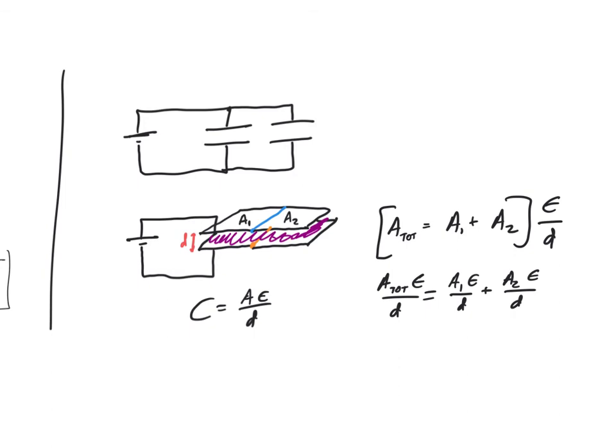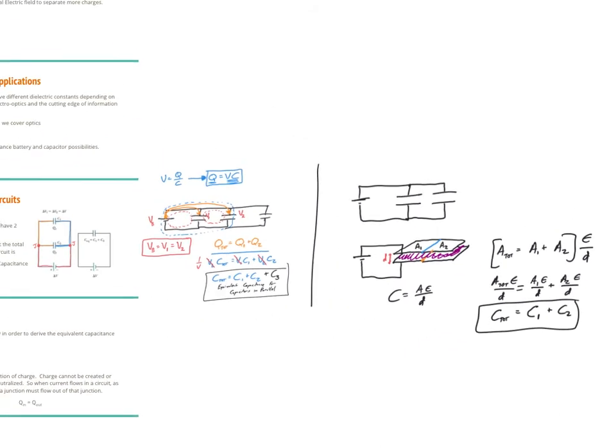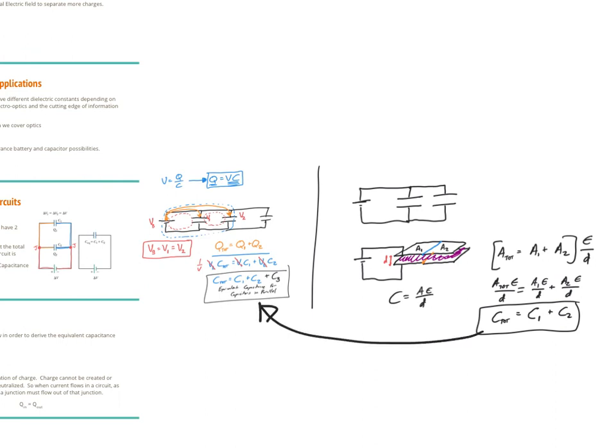This first term looks just like the total capacitance equation. This next term is the capacitor 1 equation. And this last term is the capacitor 2 equation. And therefore we get the total capacitance in a parallel circuit. So 2 derivations done.